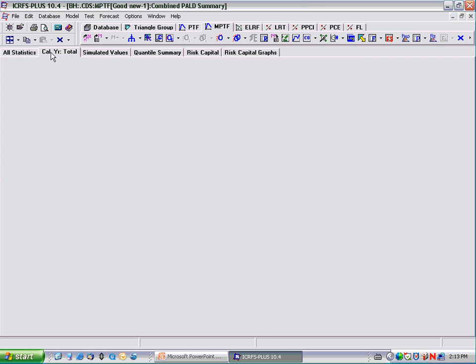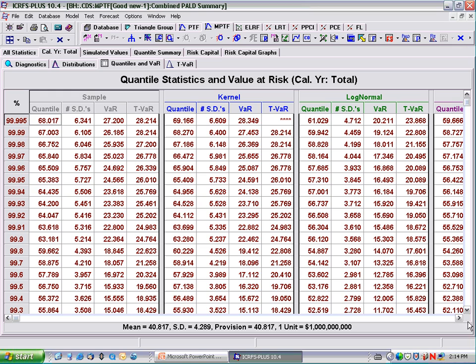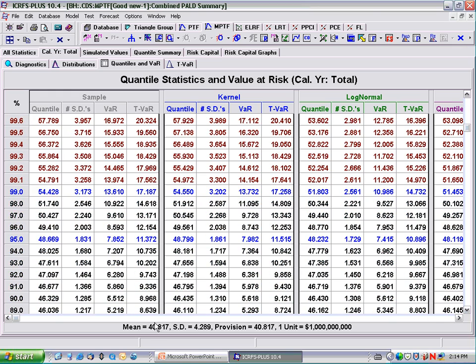We can look at the reserve distribution. I think the only good fit is the kernel fit. That's the reserve distribution. That's a distribution of the 10,000 values we simulated from the aggregate. We can do 100,000 also. There's a jagged line. We can calculate quantiles, value at risk. For instance, the mean reserve is, we must have done this for the combined.